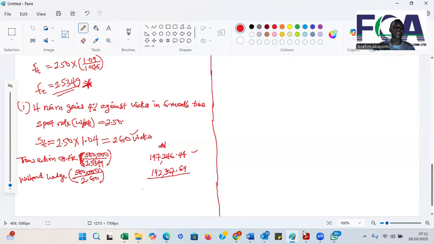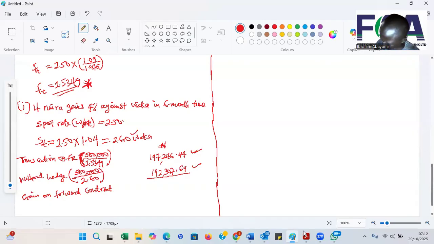So the company has gained. How much? Because this is what it actually received, and this is what it would have received if the company had not hedged. So the gain on the forward contract is 197,246.44 minus 192,307.69.